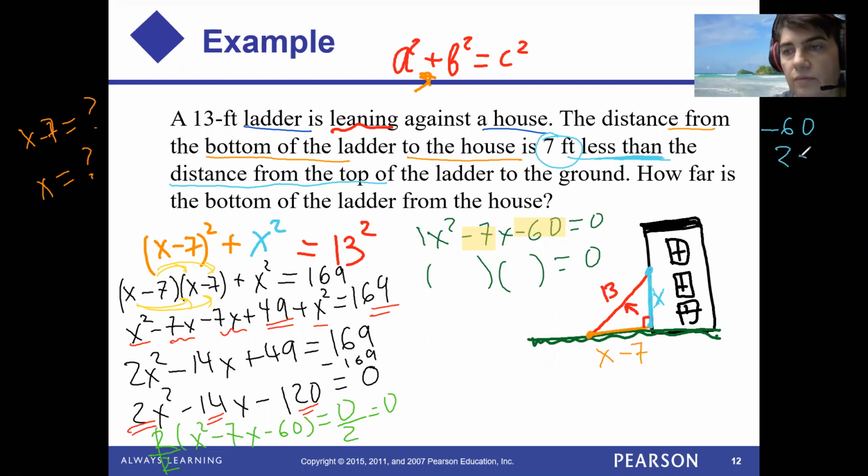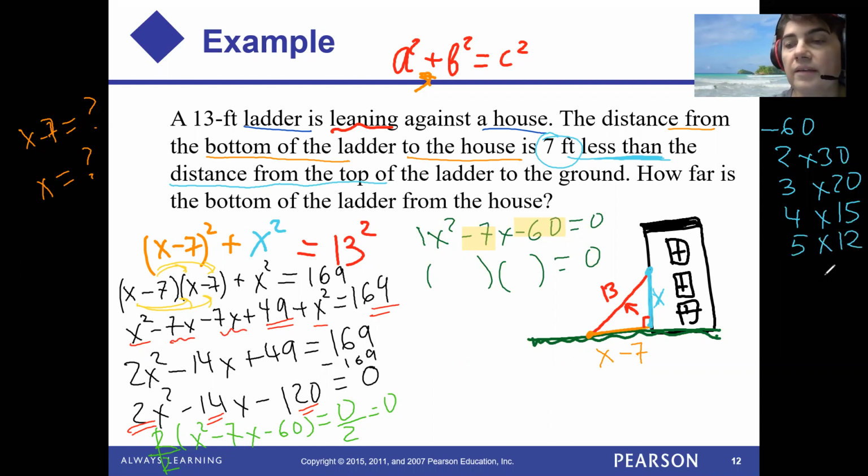Let's ignore the negative for a second. 2 times 30: if you subtract those, you don't get 7. 3 times 20: when you subtract 3 and 20, you don't get 7. 4 times 15: when you subtract them, you don't get 7. 5 times what? 5 times 12. Oh, look. If you subtract 5 and 12, you're going to get 7.